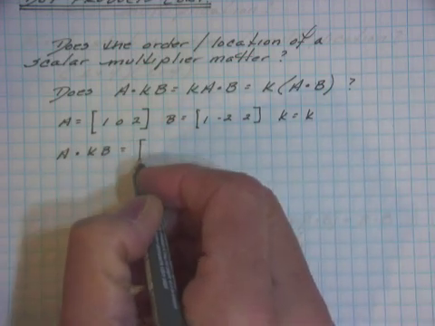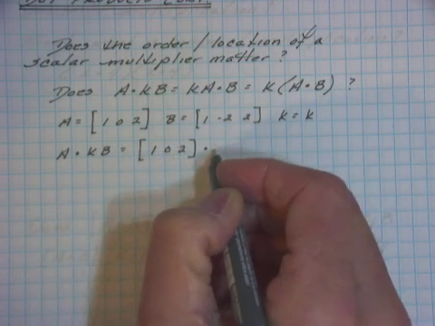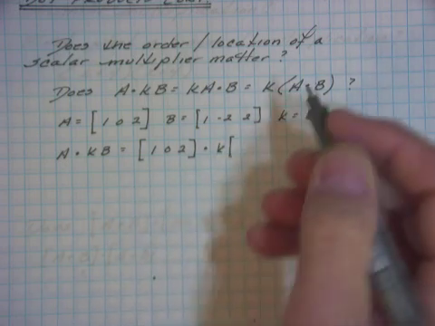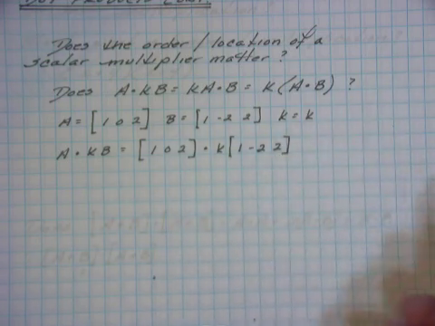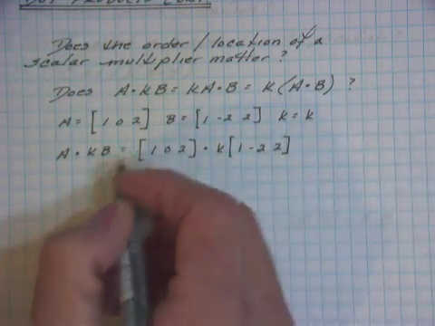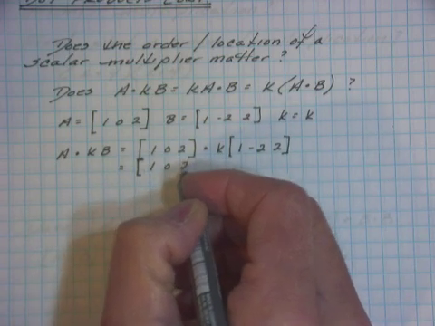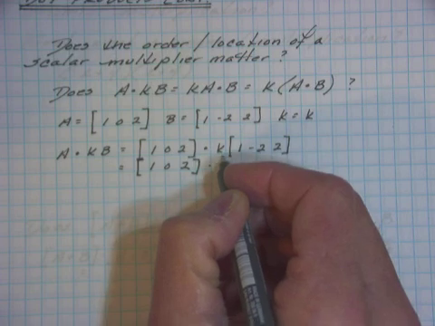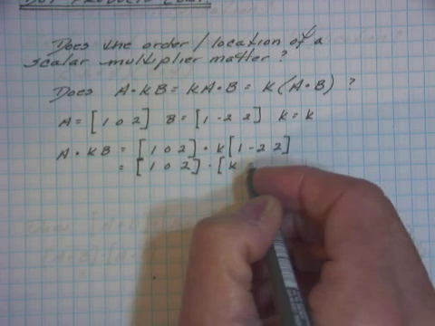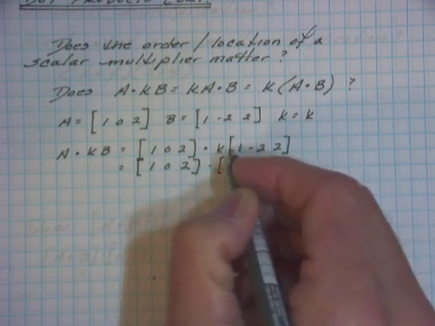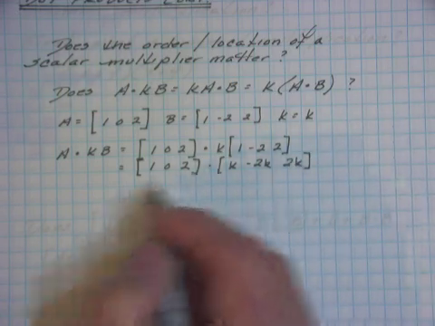So we've got, it's a big dot. We've got 1, 0, 2 dot k times 1, negative 2, 2. Okay, so we're going to distribute the k into the matrix. So that is 1, 0, 2 dot k times 1 is k, k times negative 2 is negative 2k, and k times 2 is 2k.